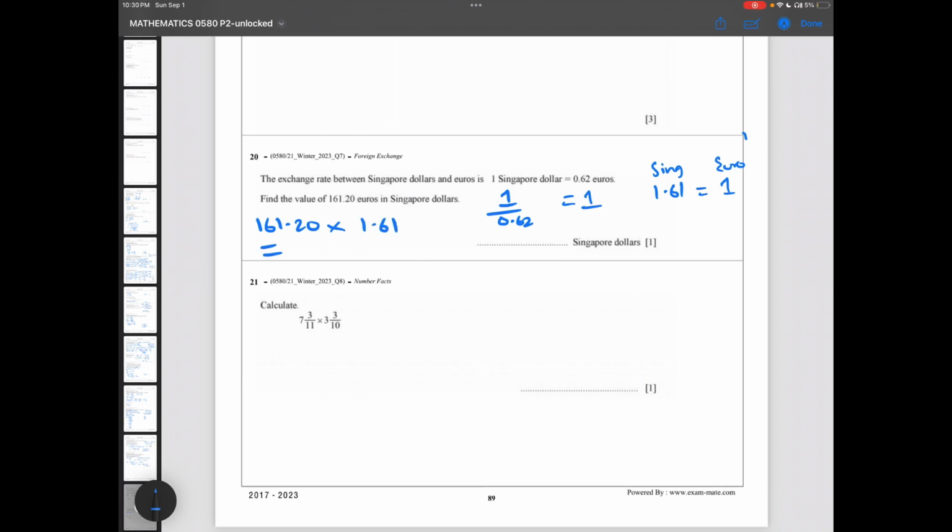Because in 1 euro there are 1.61 Singapore dollars. So in 161.20 euros we have to multiply 161.20 by 1.61, and we will get 260. It means we will get 260 Singapore dollars for 161.20 euros.